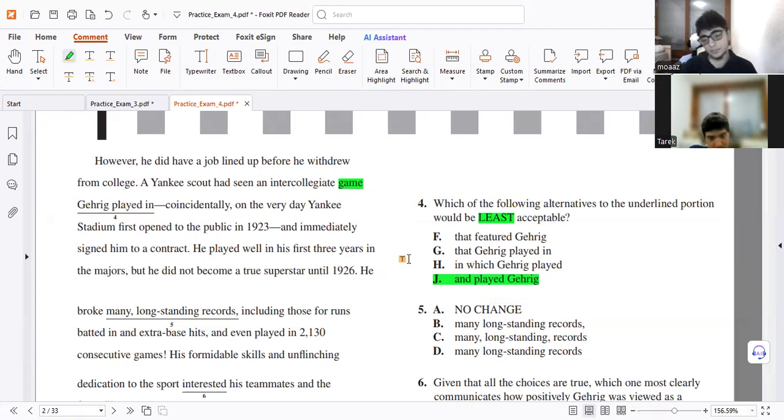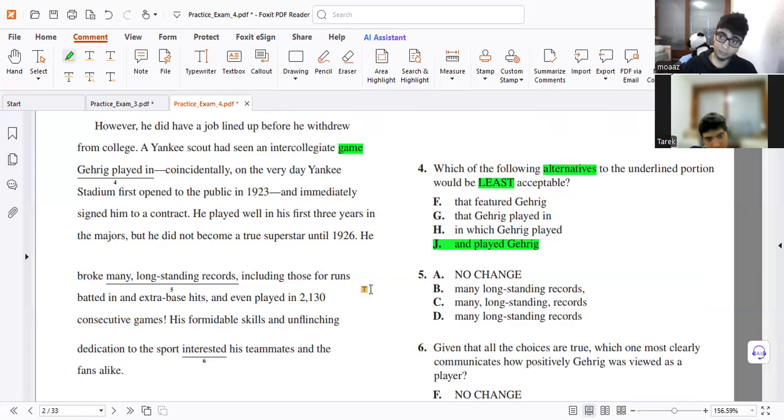If I say "in which," it's a game that Greg played in, that refers to the game. A game that featured Greg, same. But "Andy played" here makes it nonsense. A Yankee scout had seen Andy play Greg. So is Greg the game to play? It doesn't make sense, so it's wrong. Remember, we need alternatives in grammar and content. Take care of yourself for these two points, grammatically and semantically.